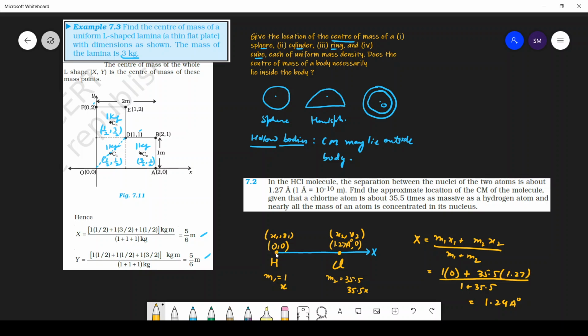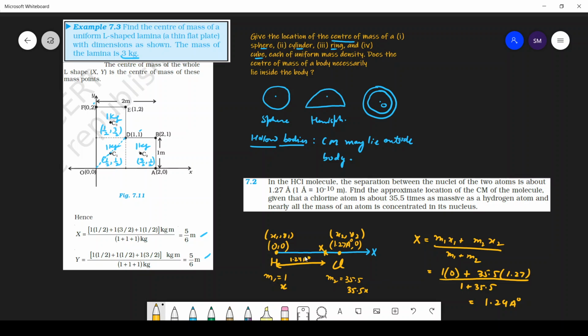But we have assumed this as the origin, it is not given to us. So we are measuring this x from the hydrogen. You can clearly see that the total is 1.27, and the center of mass is somewhere here, at a distance of 1.24 angstrom. This is your center of mass position.